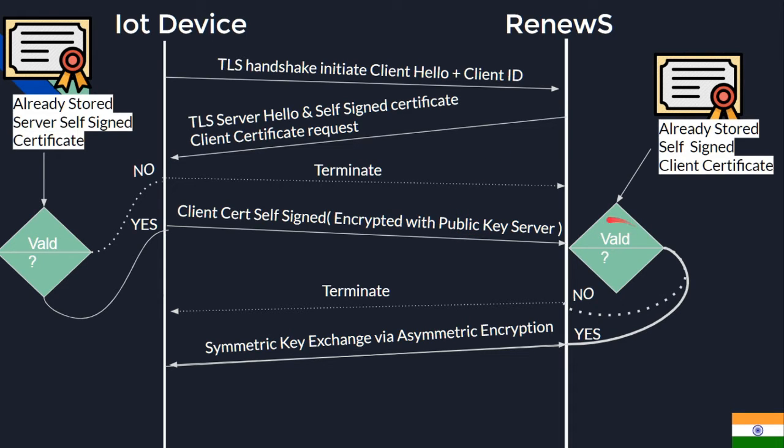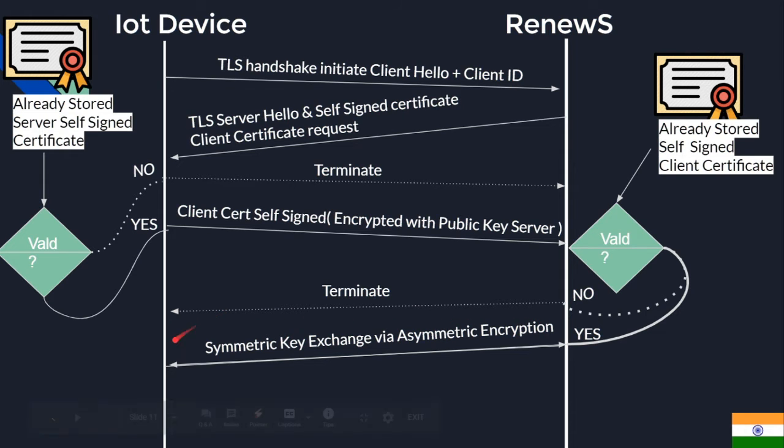Now, this server will take the already stored IoT device certificate, and validate whether this certificate and the certificate that this client has sent match or not. If not, it will terminate this request. And if it is okay, then it will send a symmetric key exchange message where they will share a symmetric key, and an encrypted path would be established between the IoT device and the Renew server.